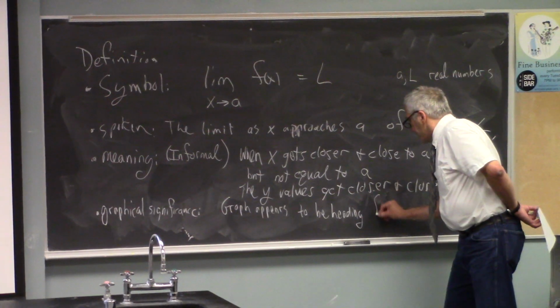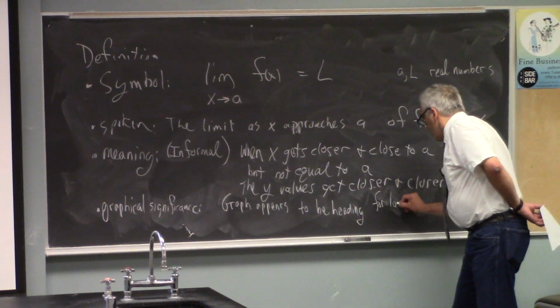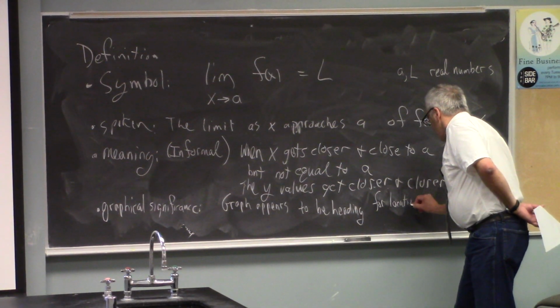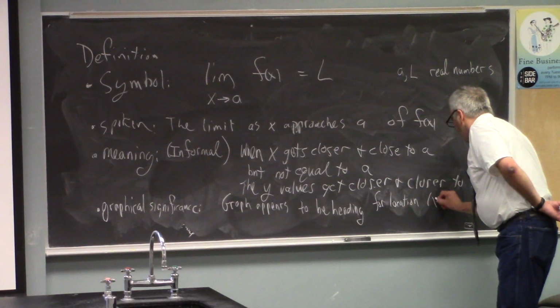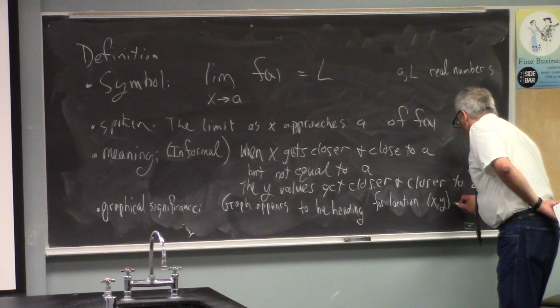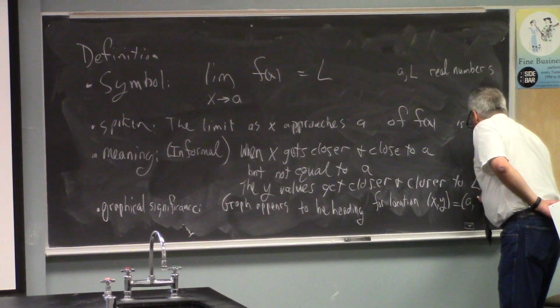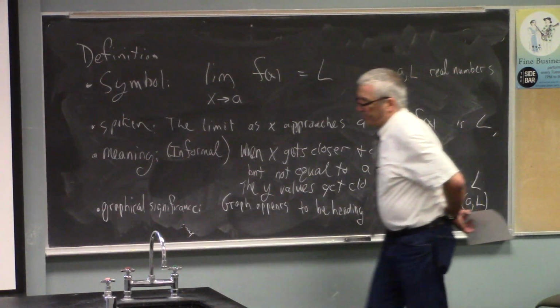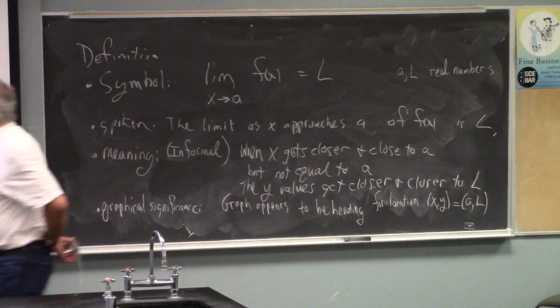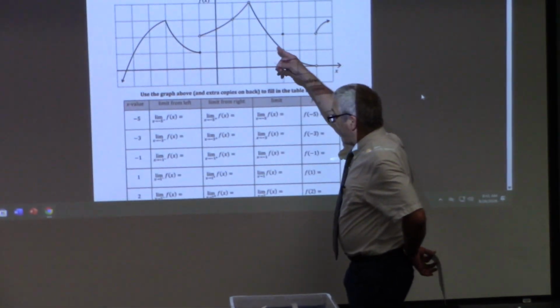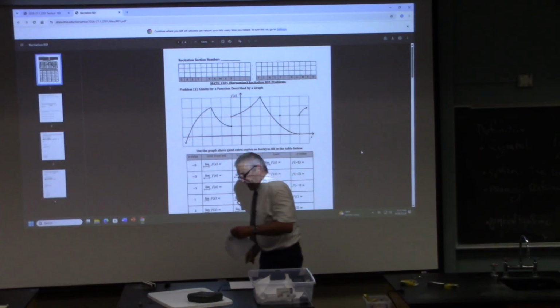I say heading for the location. And the location is given by its x, y coordinates. So x comma y equals A comma L. So on recitation, in this exercise, you had a function given by a graph. So you're looking at how this graph behaves to figure out how to fill out this table.